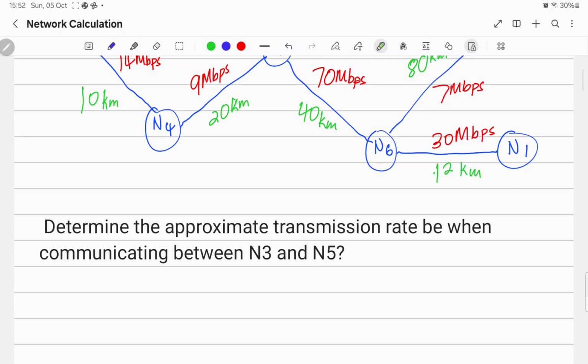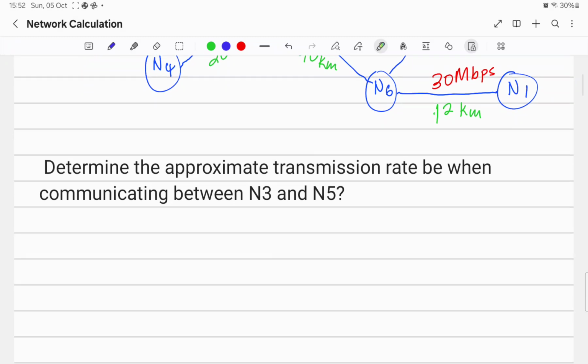So the question says, determine the approximate transmission rate B when communicating between N3 and N5. So that's basically the transmission rate between N3 and N5.